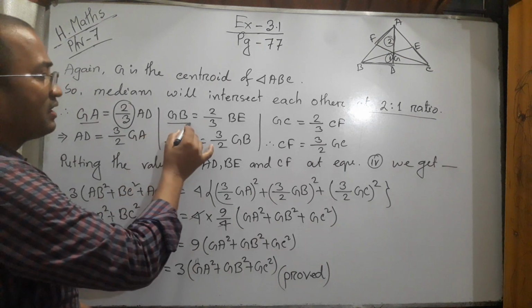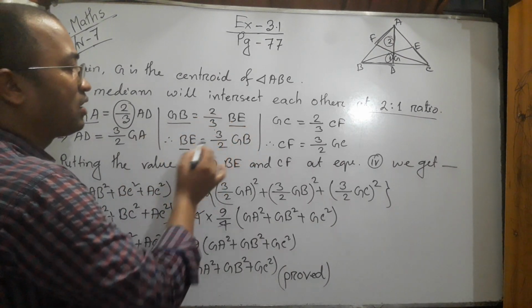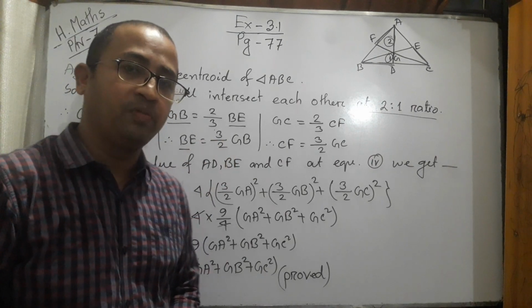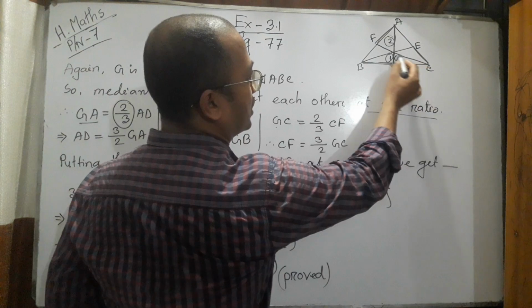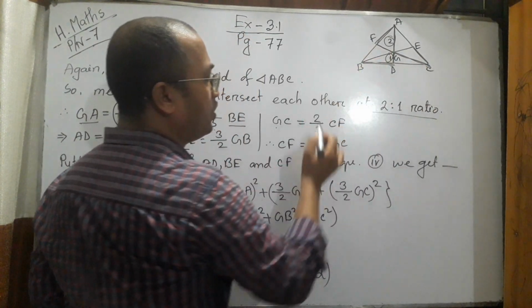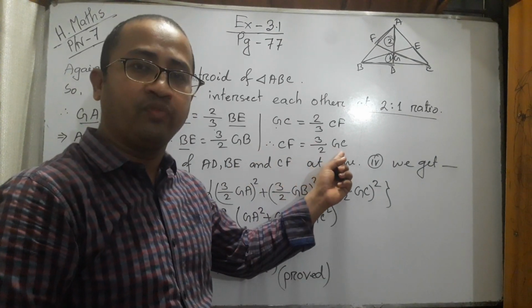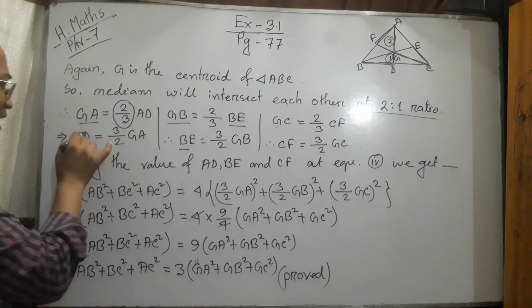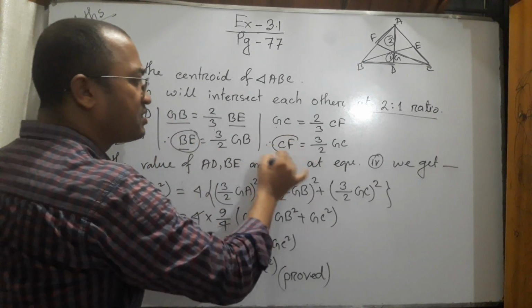Similarly, GB is 2/3 of BE, so BE will be 3/2 of GB. Again, CG is 2/3 of the median CF, so median CF will be 3/2 of GC. Now we have the value of AD, the value of BE and the value of CF.